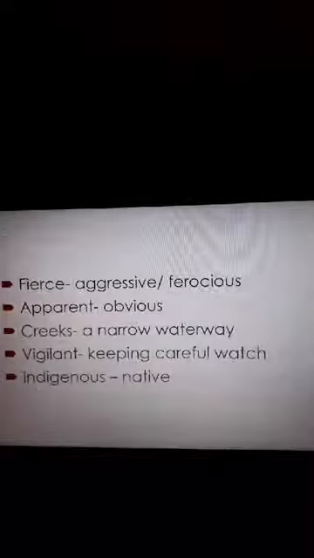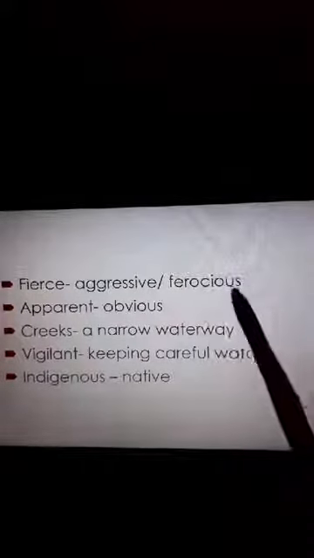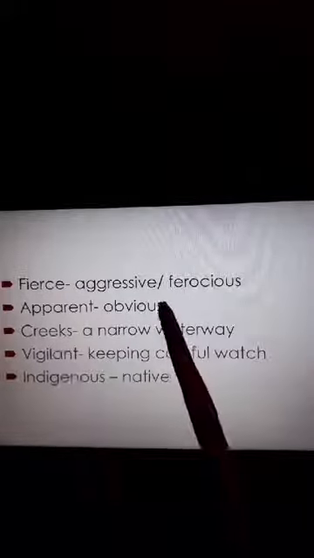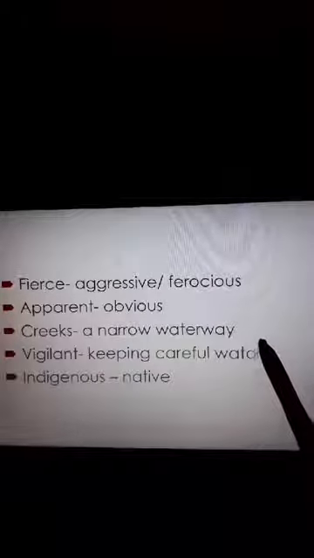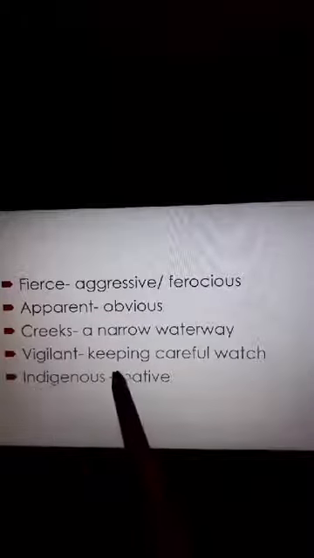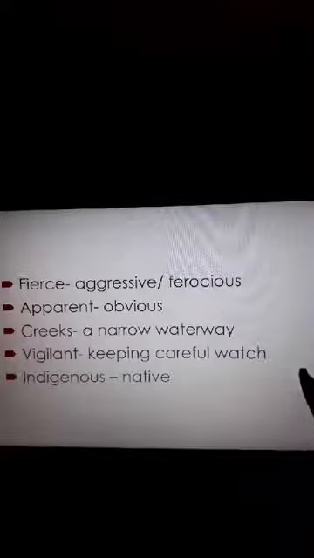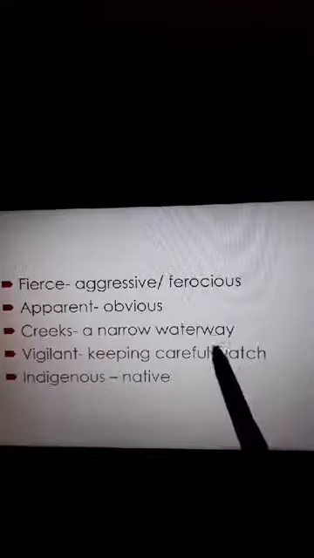Scroll: a roll of parchment or paper for writing on. Fierce: aggressive, ferocious. Apparent: obvious. Creeks: a narrow waterway. Vigilant: keeping careful watch.